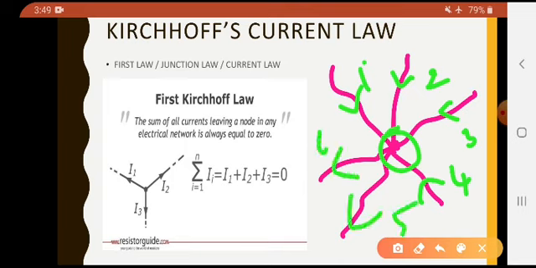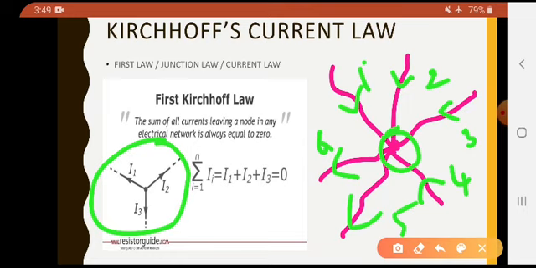See this, in this figure we have 3 connections. The sum of all currents leaving a junction in any electric network is always equal to 0.